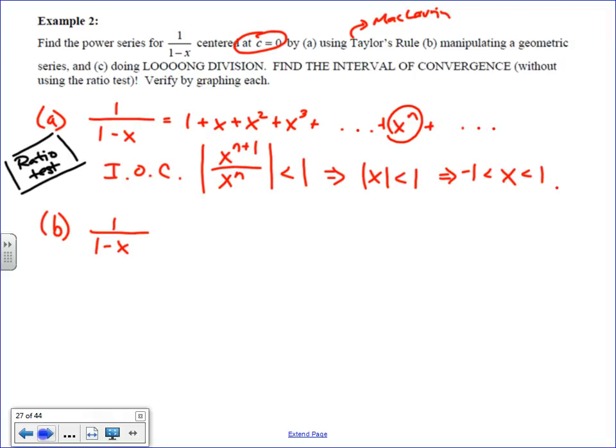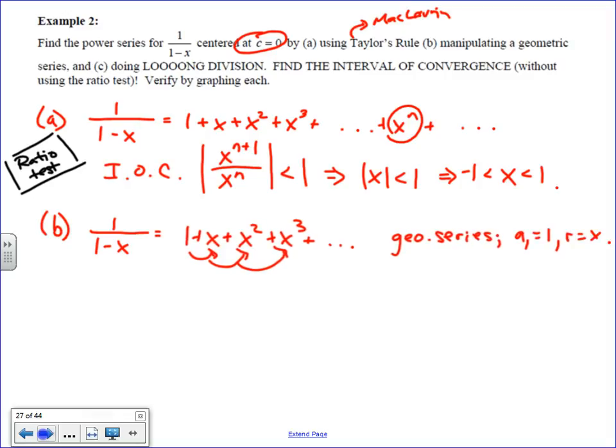Or I could see it as a geometric series, converging when absolute value of r is less than 1, and since r is equal to x, I can say when absolute value of x is less than 1.